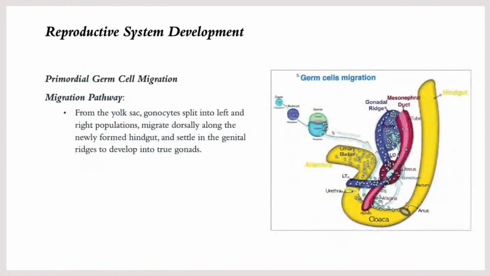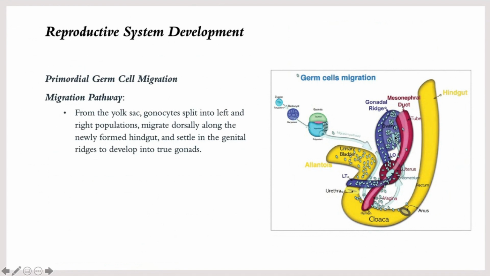Okay. So the migration. From the yolk sac, these gonocytes are then going to split into left and right populations, and they're going to migrate dorsally, meaning they're going to move to the back where the newly formed hindgut is. Okay, so this yellow structure is the hindgut.